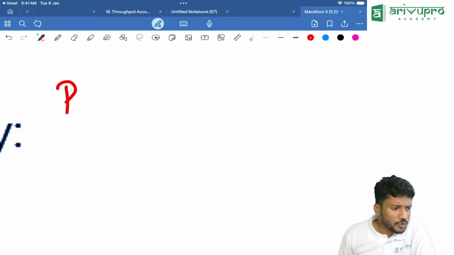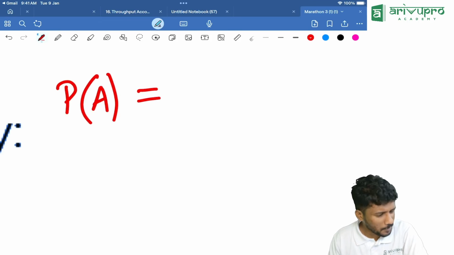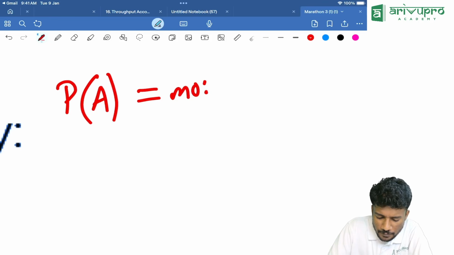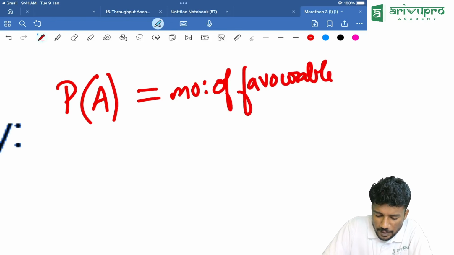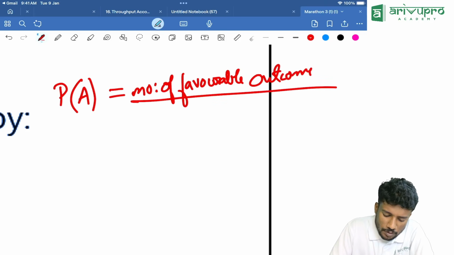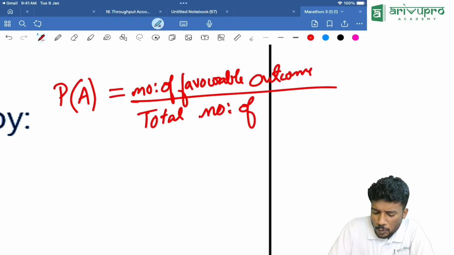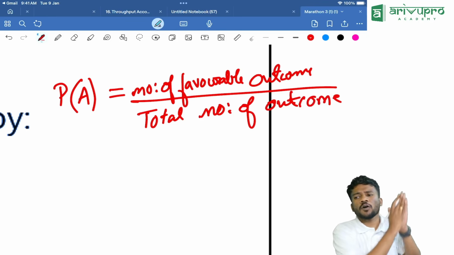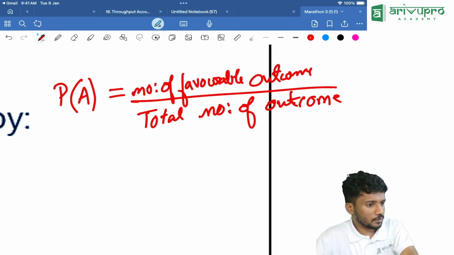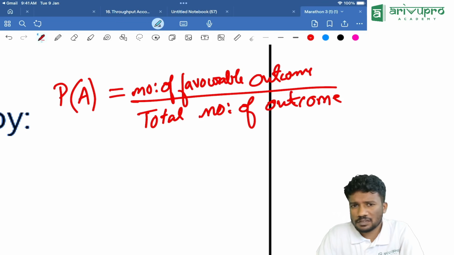If you go back to your school, probability of A, P of A, is nothing but the number of favorable outcomes divided by the total number of outcomes. That is the basic thing we know about probability, and that will be the only thing we will be learning today also. If you look into the chapter, that's the only thing we are going to learn. Nothing else.